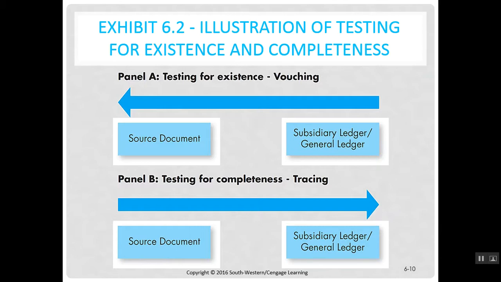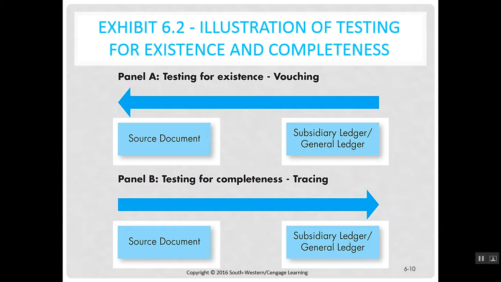So you're making sure that the number that is in the financial statements actually exists. So this is typically used when you're testing assets or revenues. You want to make sure that the revenue that the client is reporting actually exists, and you're going to go back to the source document, which is the invoice or the bill, any proof that they sold the product.